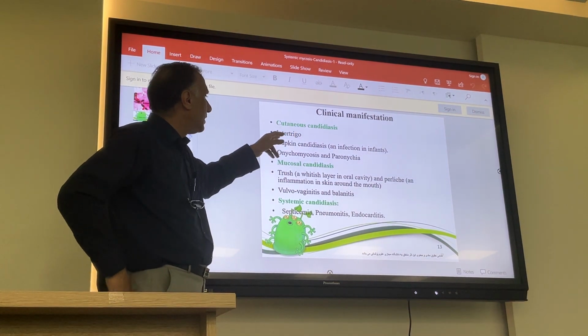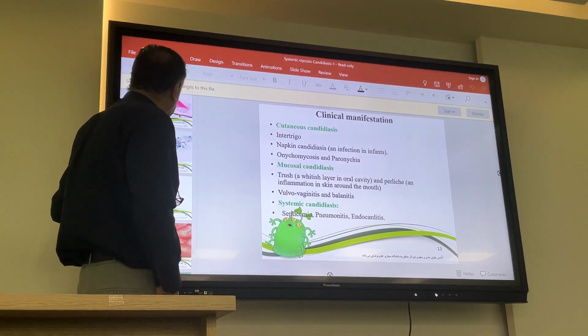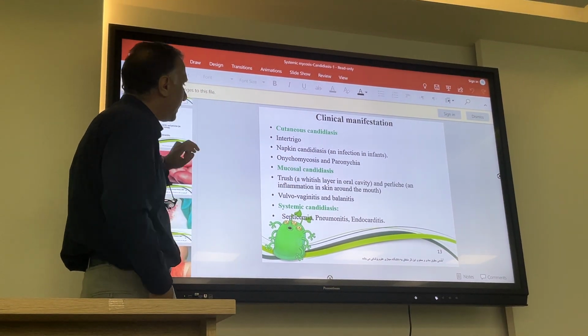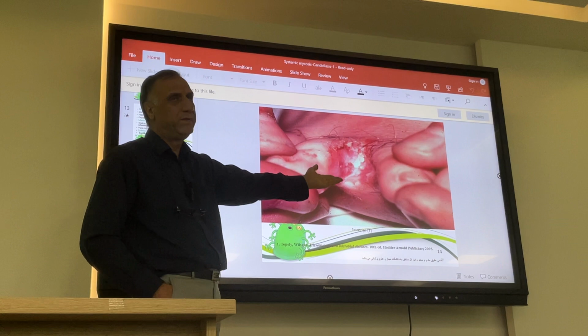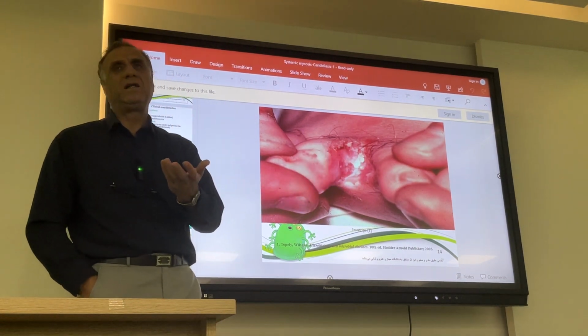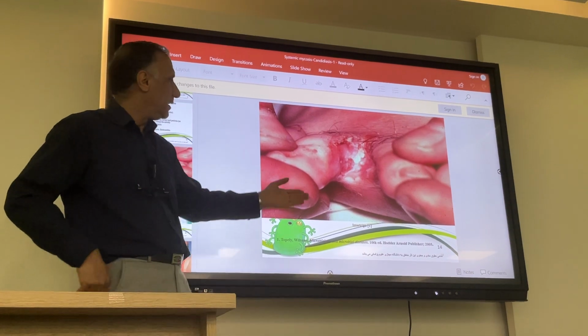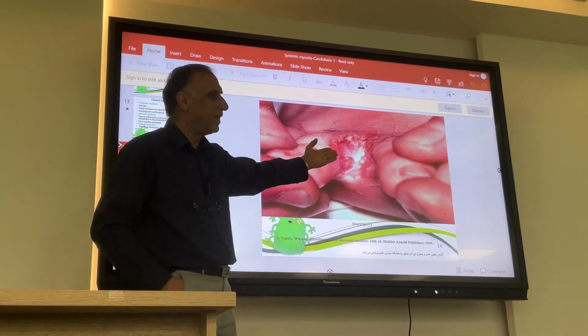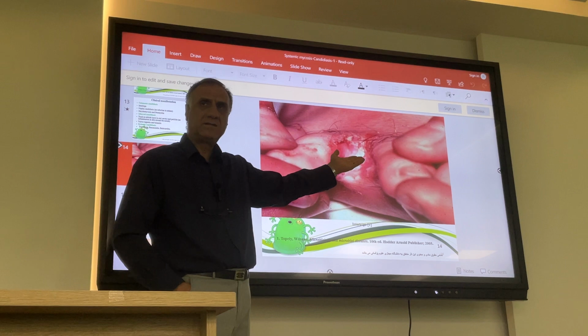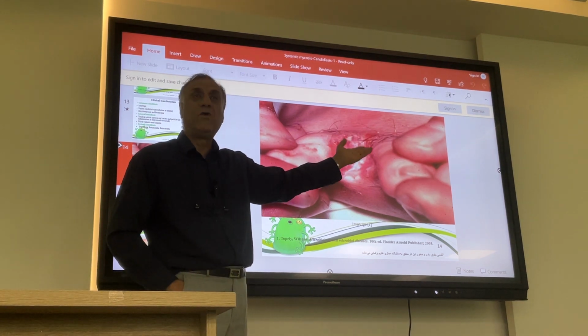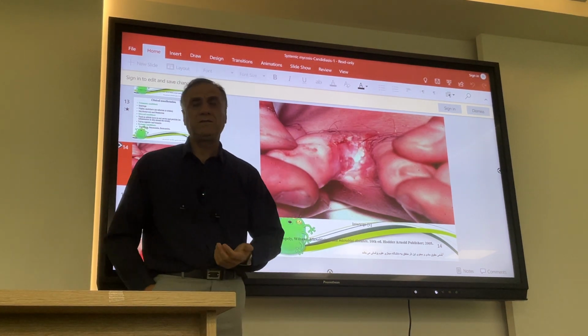Sometimes cutaneous candidiasis involves the intertriginous areas. For example, in the toe web, in interdigital, you may find lesions. You can see maceration of skin, wound, inflammation.